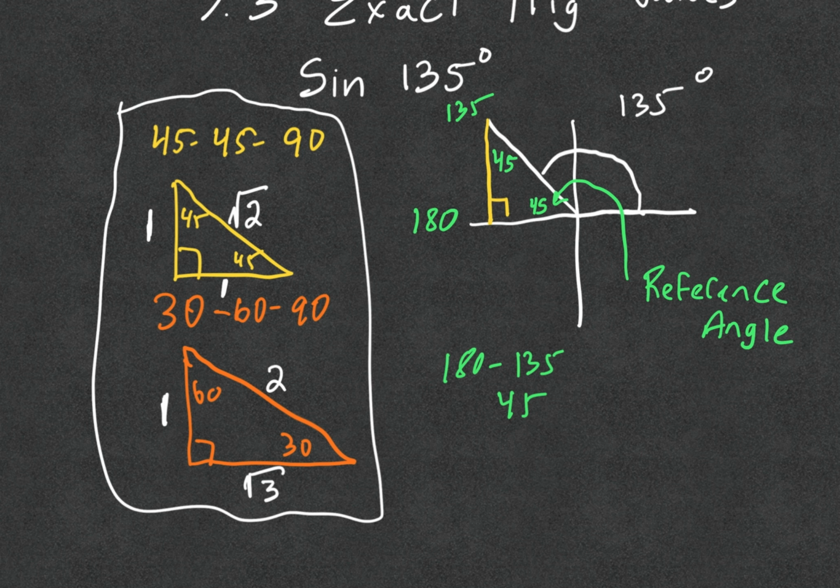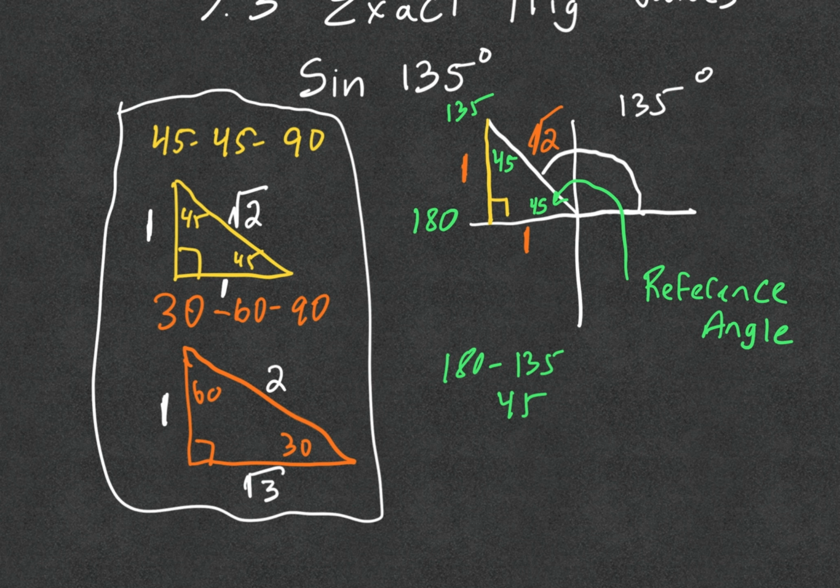So we have a 45, 45, 90 degree triangle. Now we're going to label the sides, just like we did right here. The two legs are going to be 1 and 1, and the hypotenuse is going to be the square root of 2.